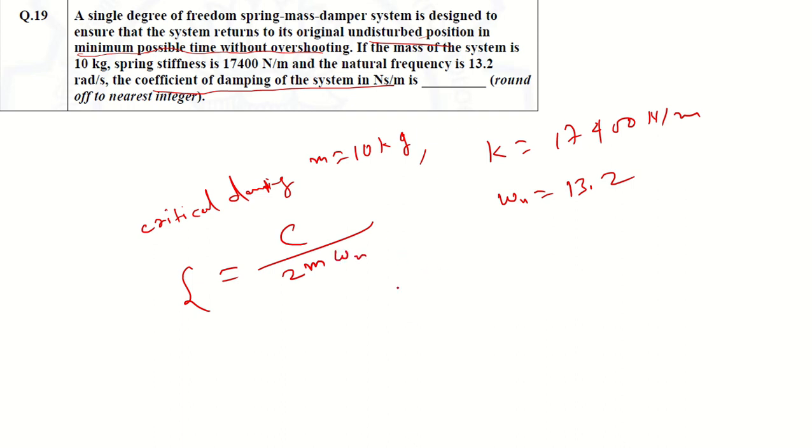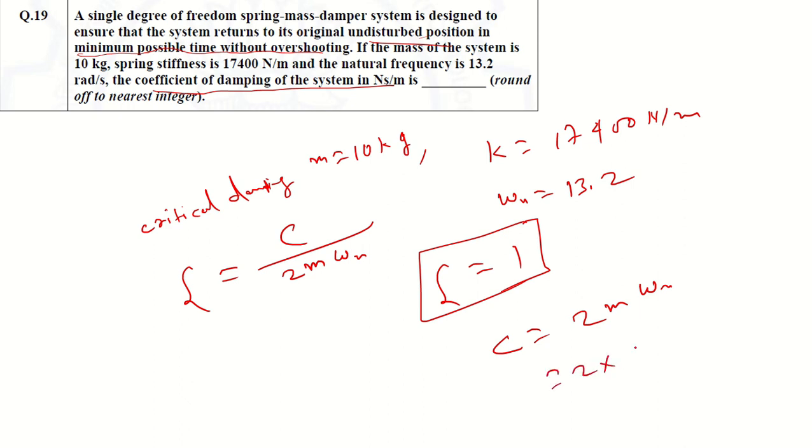So for critical, xi is equal to 1. We are just talking about critical, not over damping or under damping. For xi is equal to 1, C is equal to 2m omega n, 2 into 10 into 13.2 is equal to 264 Newton second per meter is the answer. It is 264 almost.